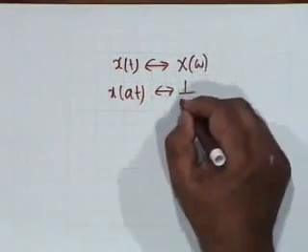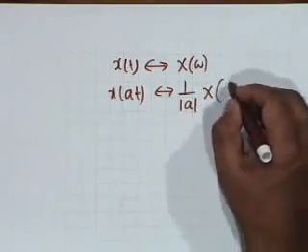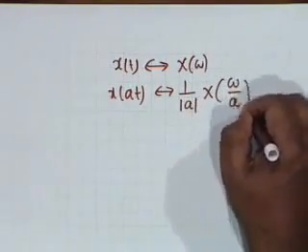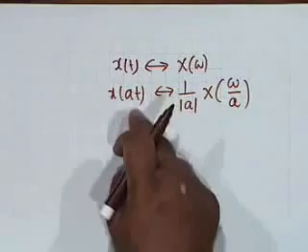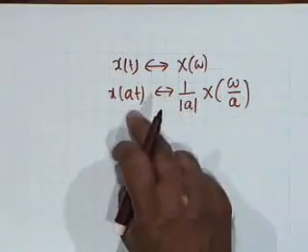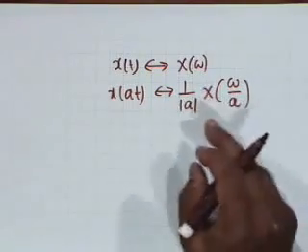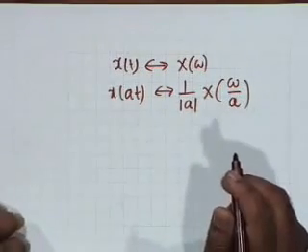The Fourier transform is 1 by mod a capital X of omega by a. So if it is stretching in the time domain, it will be compression in the frequency domain. If it is compression in the time domain, it will be stretching in the frequency domain. And this is the business of duality that we dwelt upon in a little more detail earlier.